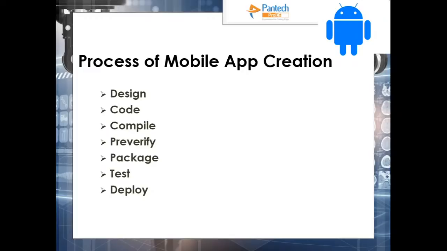First we design, after designing we code, after coding we compile and then pre-verify, then package, test and deploy. Everybody knows what deploy means, the name itself suggests it, so I don't need to prolong this. Based on this, we need to do some activities.